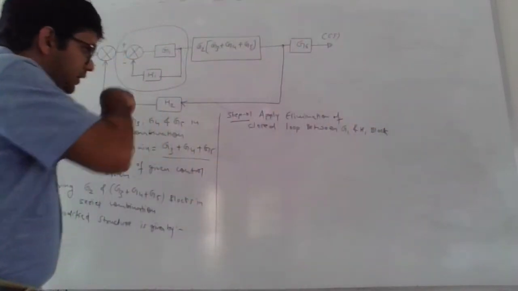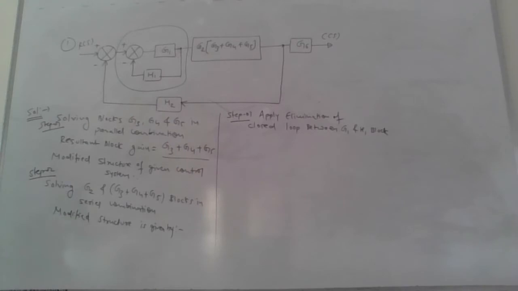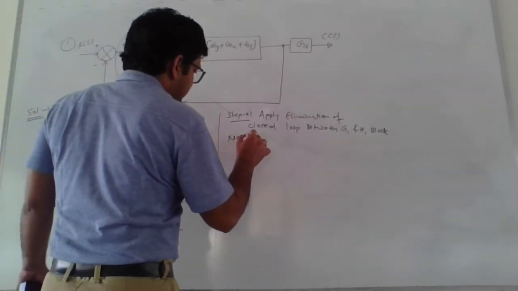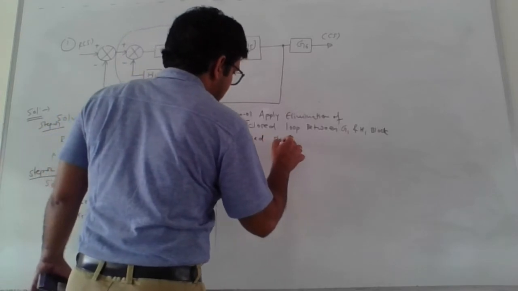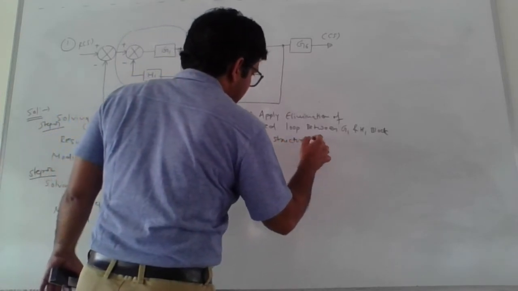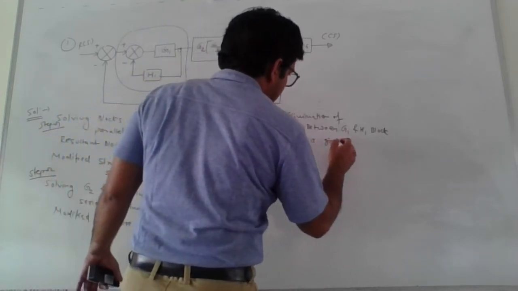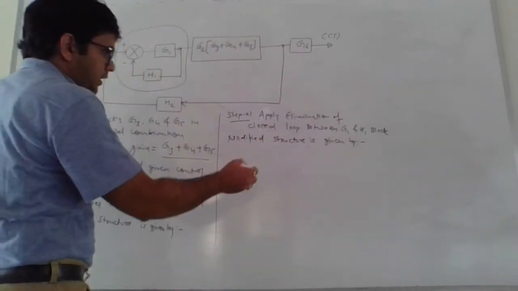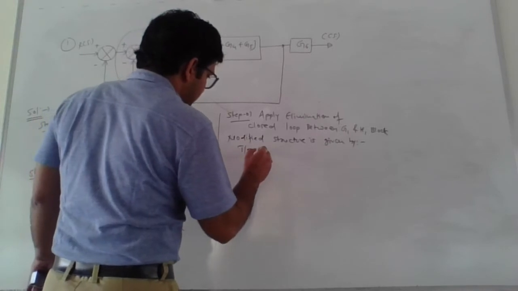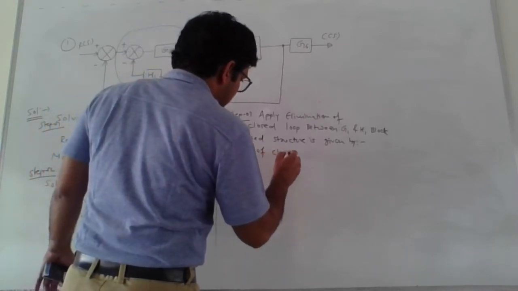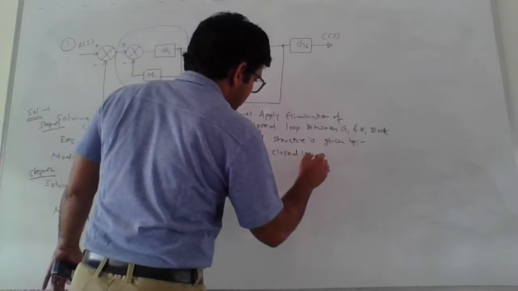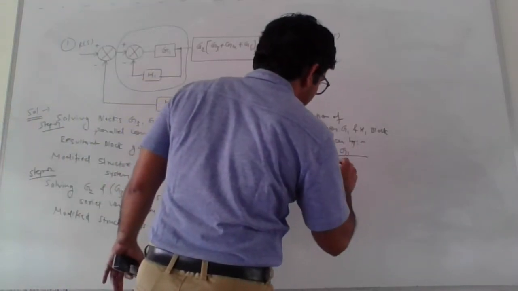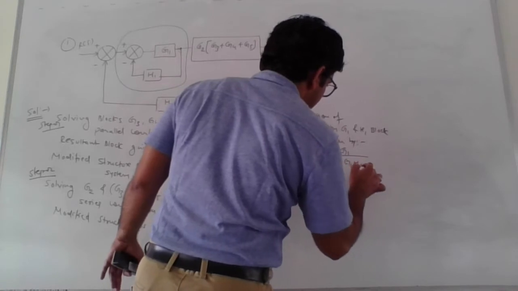So if you apply elimination of closed loop between G1 and H1 block, we can write here as modified structure is given by. So what will be the modified structure? Here I am writing the transfer function of closed loop is nothing but G1 whole divided by 1 plus G1 into H1.